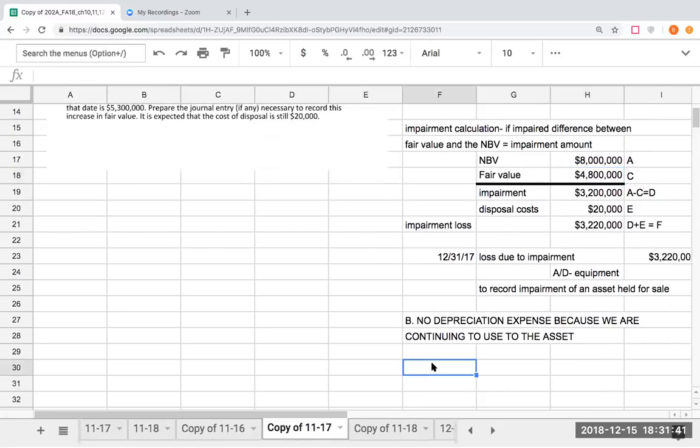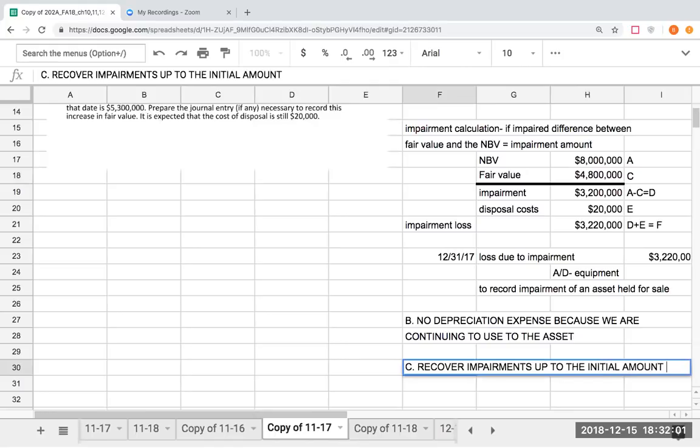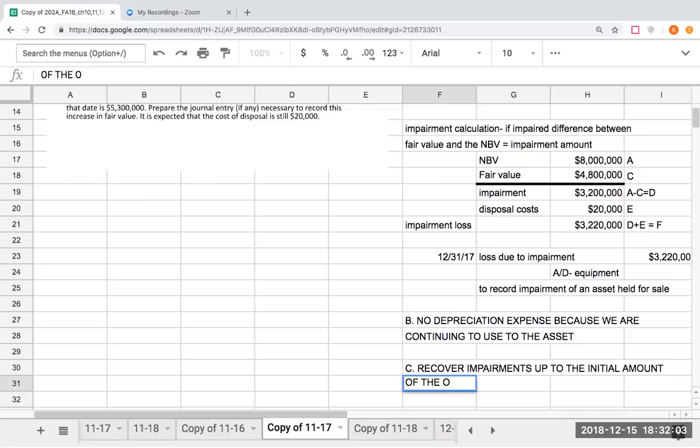So when we are holding an asset for sale, and there is an impairment recovery, we can recover impairments up to the amount of the original impairment.